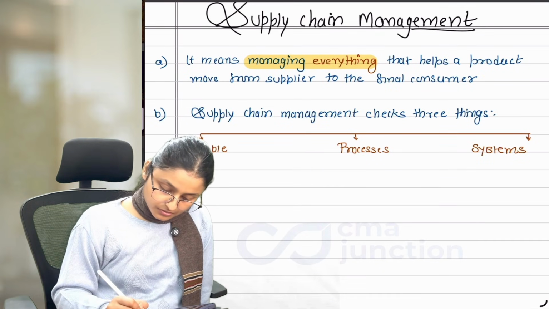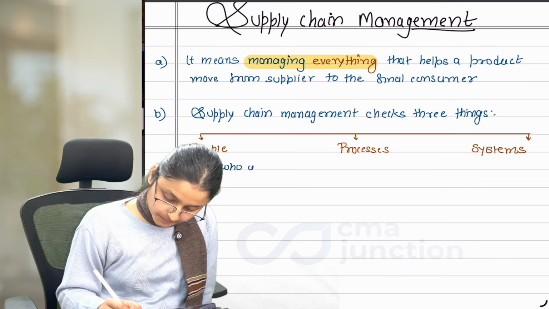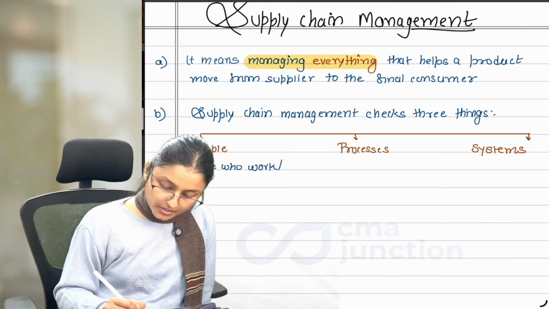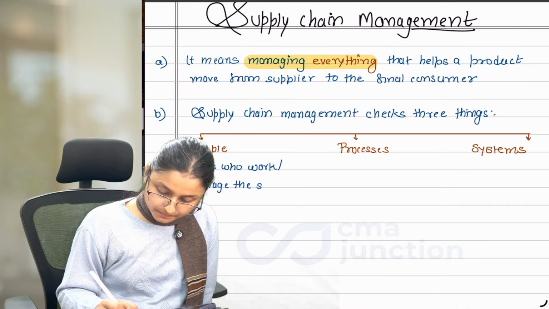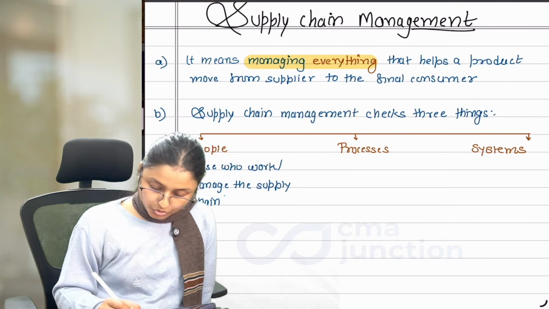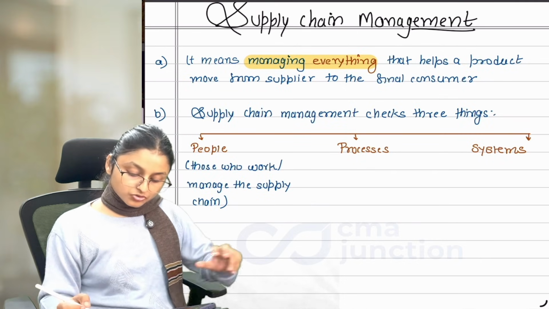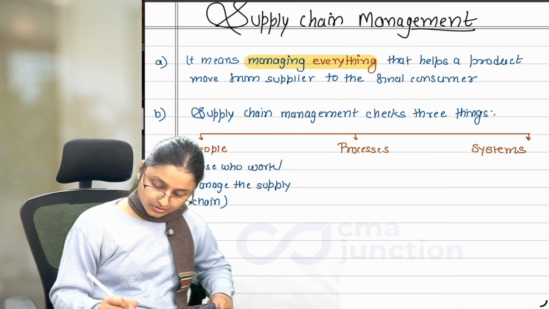People, those who work or manage the supply chain. Those who work in the supply chain or those who manage the supply chain are the people involved in supply chain.